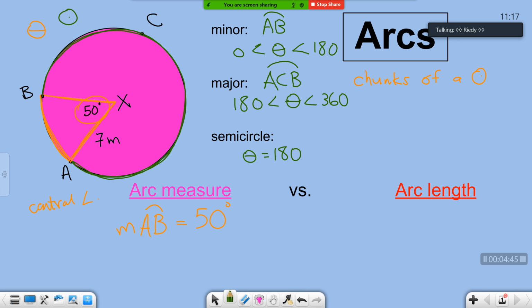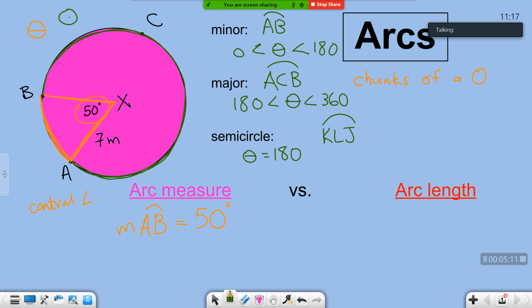Also 3 letters. Why 3 letters? Because we have to know which side of the circle to go around. Okay, something like K, L, J. Questions on the naming? Okay, so minor arcs are smaller, major arcs are bigger, semicircles are half of a circle.